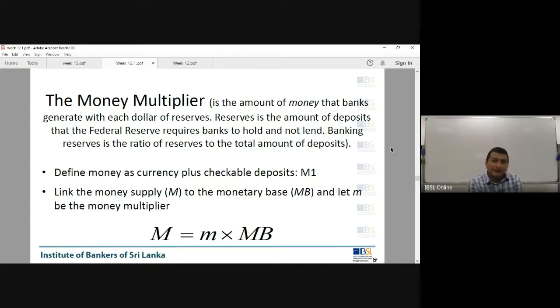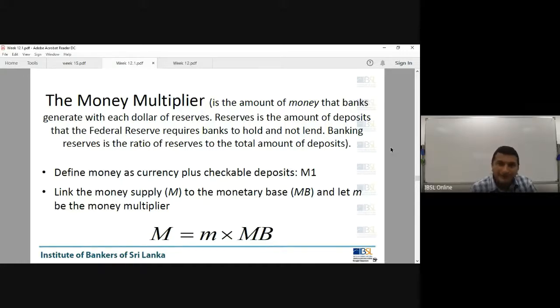Okay. And small m, that is the multiplier. So what you are trying now is to recognize that the money supply is nothing but the multiplier, meaning the money multiplier, times the monetary base.